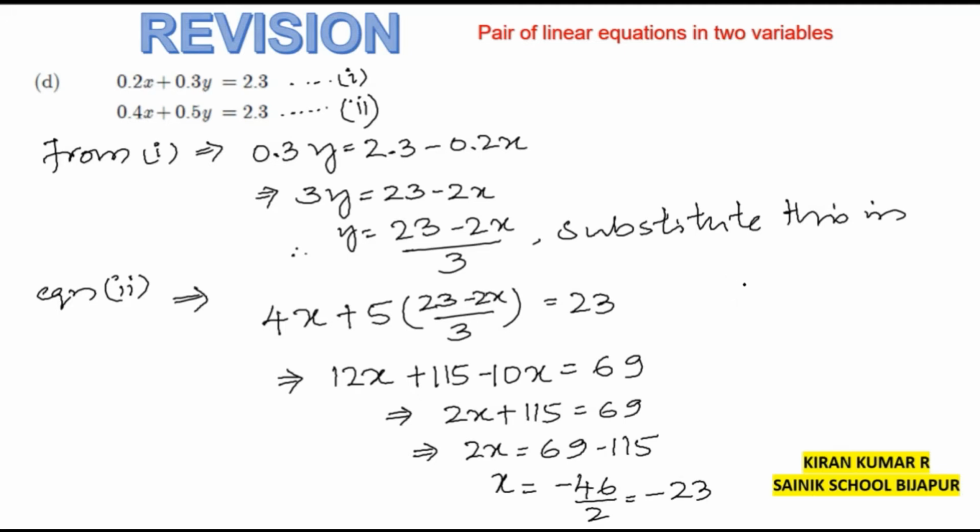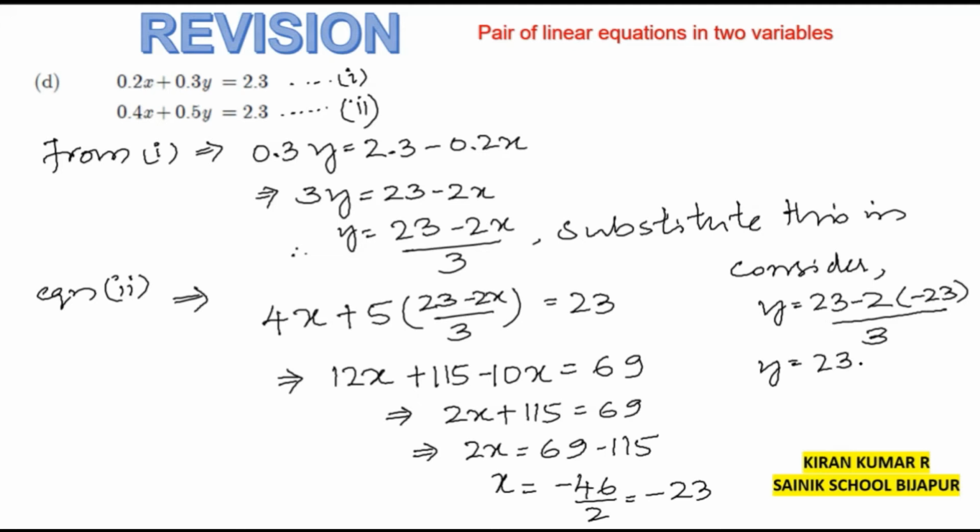With this, I can find the value of y. So let me consider y is equal to (23 minus 2 times of x), which is minus 23, divided by 3. So y becomes 23, negative of negative is positive, plus 46 divided by 3. 23 added with 46 will be 69 divided by 3.